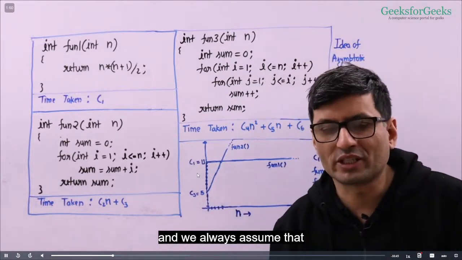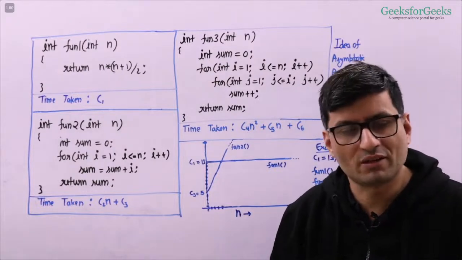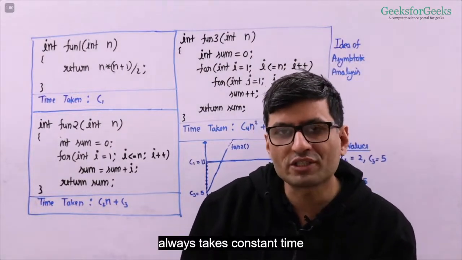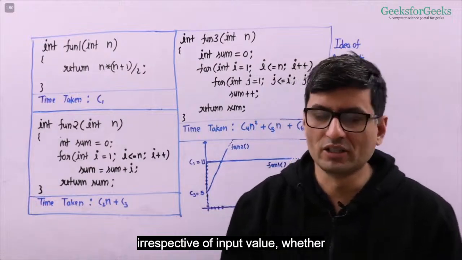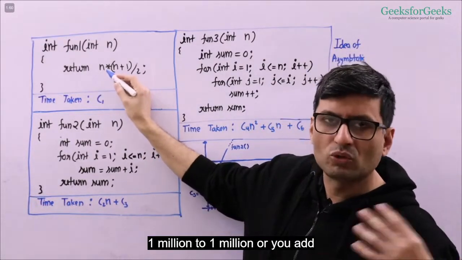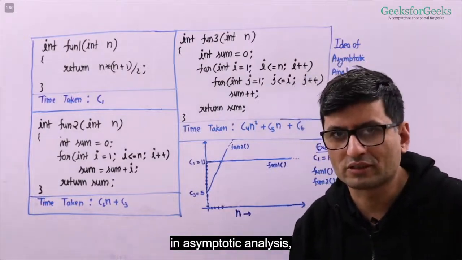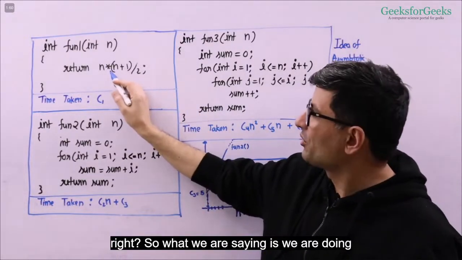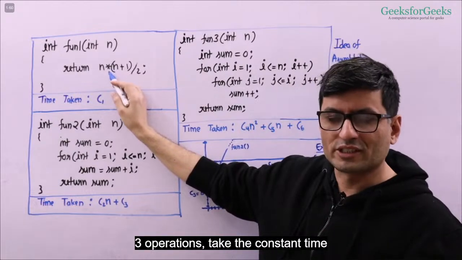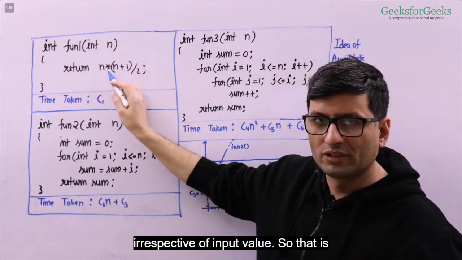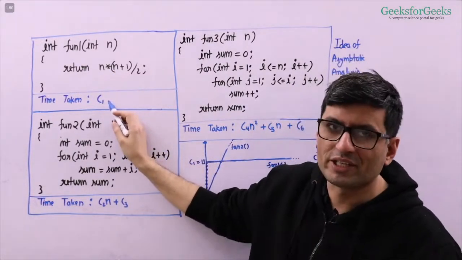And we always assume that a mathematical operation or a comparison operation or any type of operation always takes constant time irrespective of input value. Whether you add 1 million to 1 million or you add 10 to 1 or 5 to 1, they are assumed to be taking the same time in asymptotic analysis. So what we are saying is, we are doing 3 operations, and all these 3 operations take constant time irrespective of input value. That is why we have written the time taken as C1 here.